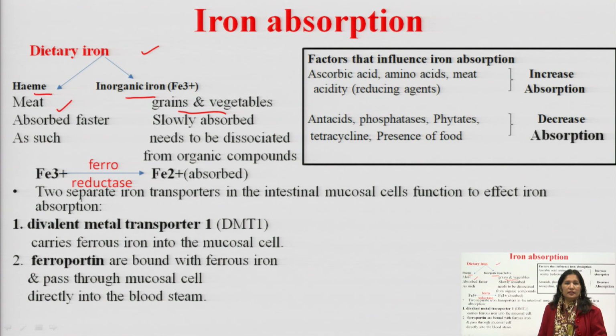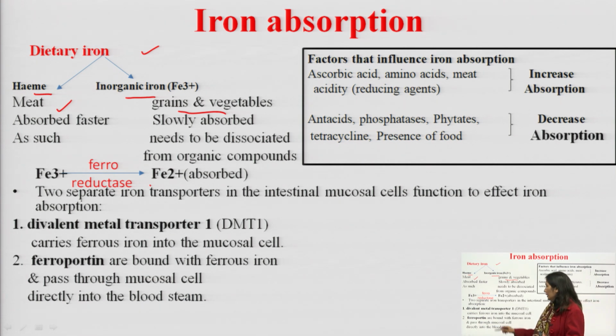It is absorbed slowly and needs to be dissociated from organic compounds. Ferric in the presence of ferroreductase is converted into ferrous, which is then absorbed through the intestinal mucosa.